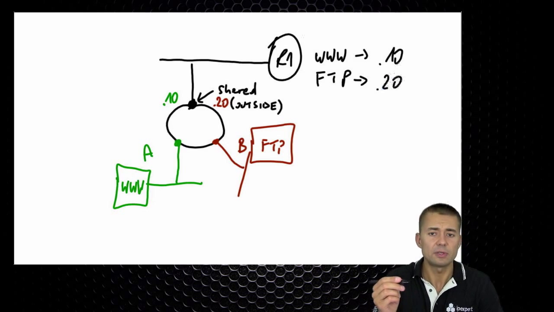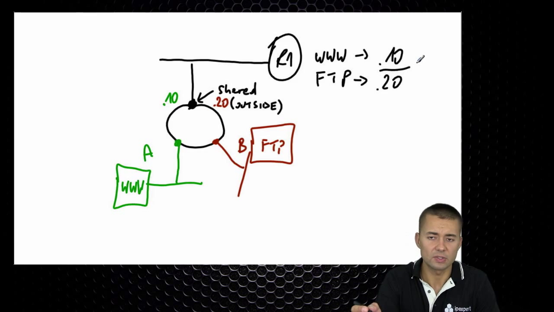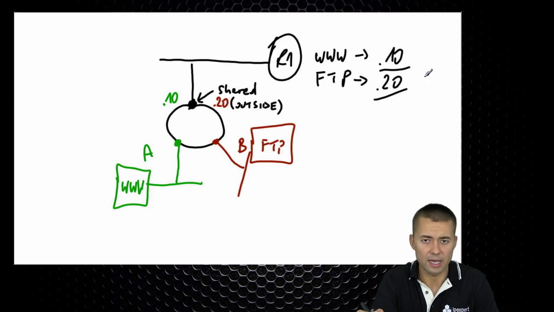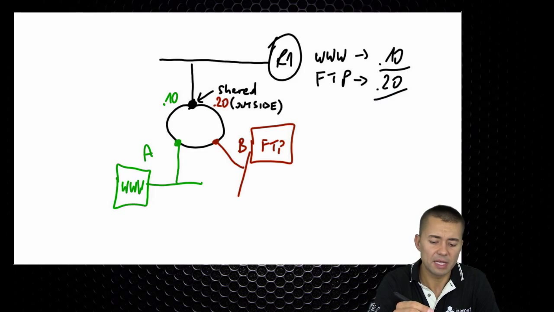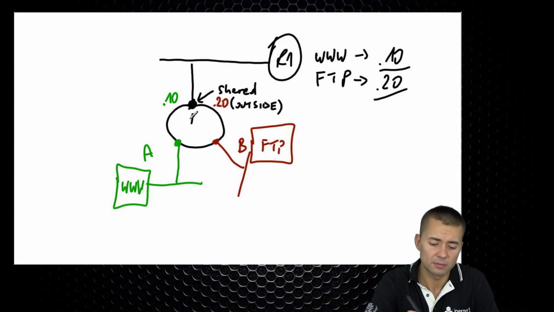But the problem we run into here is when the router is trying to do the actual resolution. So it is going to be trying to figure out what is the corresponding layer 2 address. I will be sending the packets physically to get to this guy versus that guy. And as I mentioned, shared interfaces also share a single MAC address.